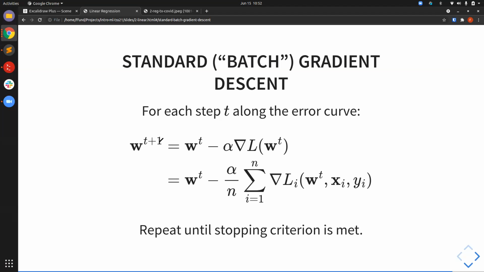We repeat this until we meet the stopping criterion, meaning the gradient comes out to be very small. How many operations do we need for each iteration of gradient descent? So how many operations do we need to compute the loss function for a given weight vector, x matrix, and y vector?